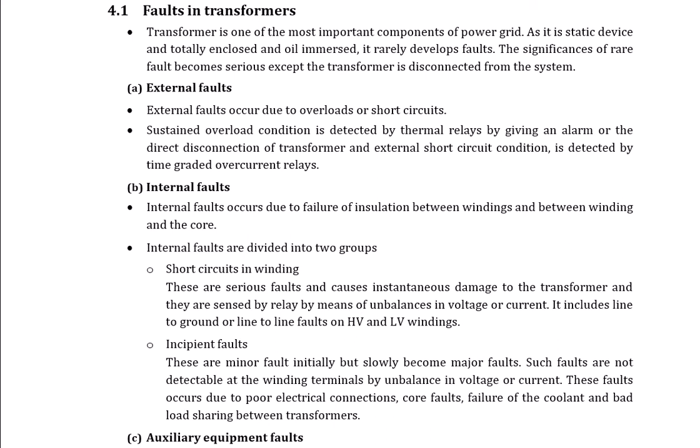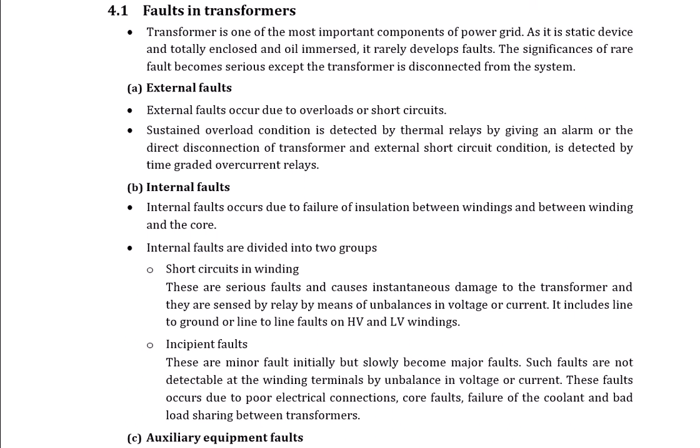Also there is one more fault, which is called incipient faults. These are minor faults initially but slowly become major faults. If at any place you are asked what incipient faults are, you can answer like this: these are minor faults at the initial stage but slowly become major faults.